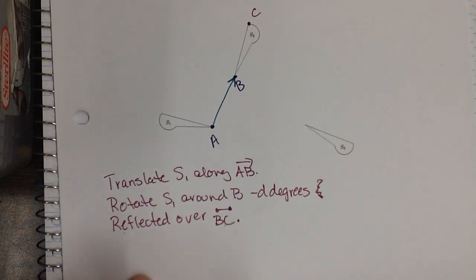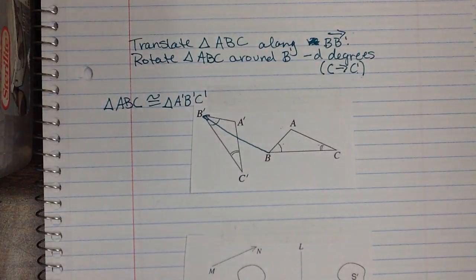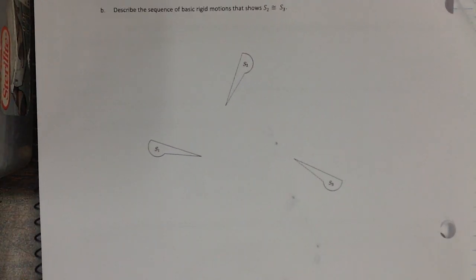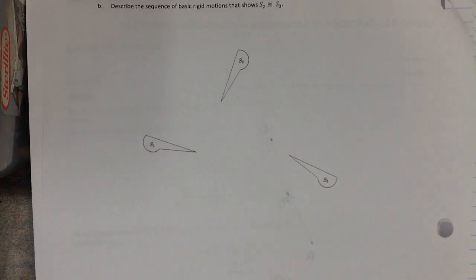Okay, on B, it says describe a sequence of rigid motions that shows that, is there a picture there? Yes. That S2 is congruent to S3. Okay? If you can see this visually without using the transparency, don't use the transparency.